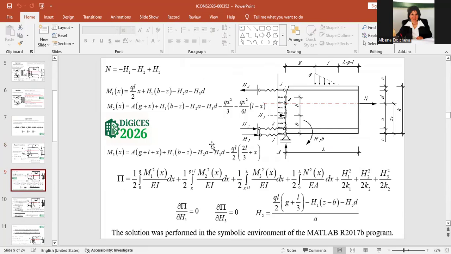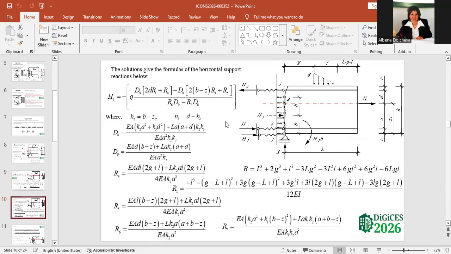We write the equation of bending moment of the three parts of the beam, and using the potential energy of deformation, we find the two equations for our unknowns.